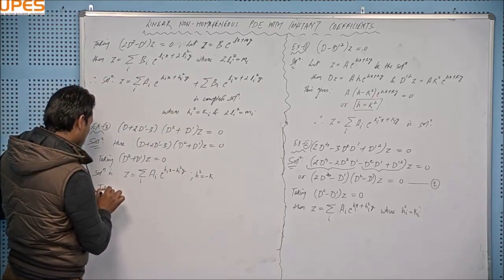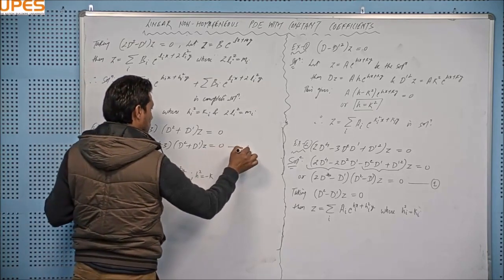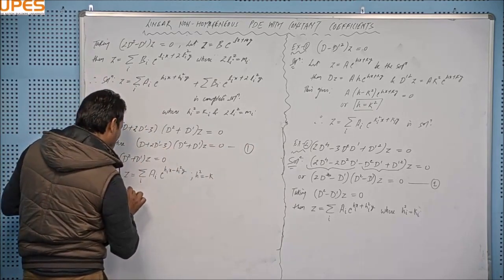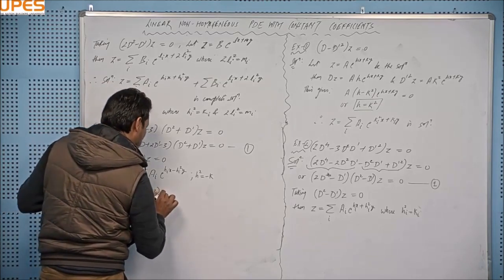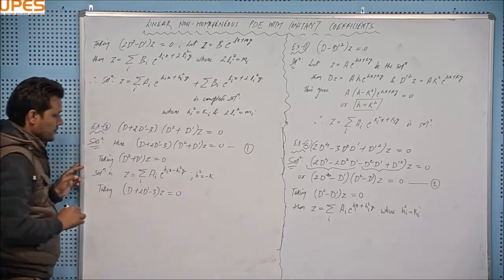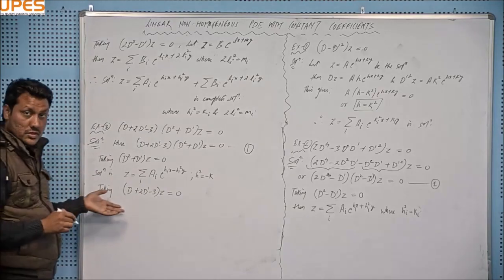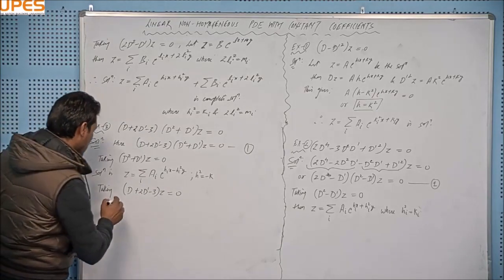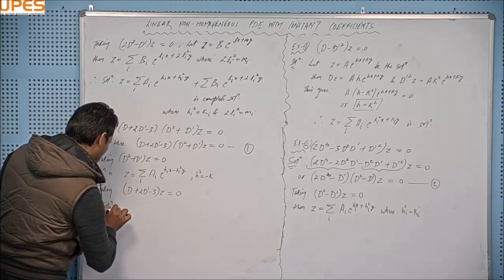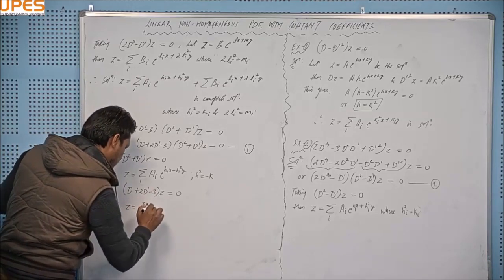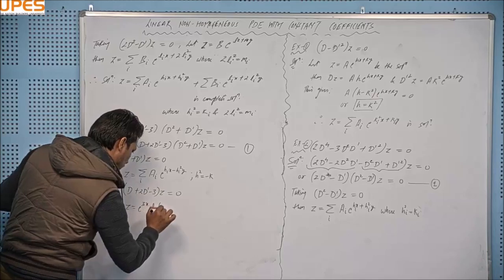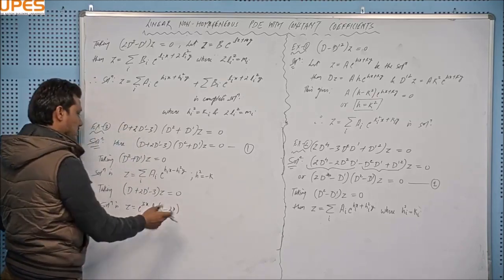Taking this one, D plus 2D dash minus 3 z equal to 0. The solution for this can be written directly. You know that the solution is z is equal to e to the power 3x f1 of y minus 2x, where f1 is an arbitrary function.